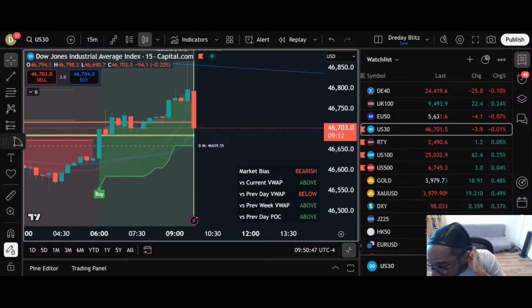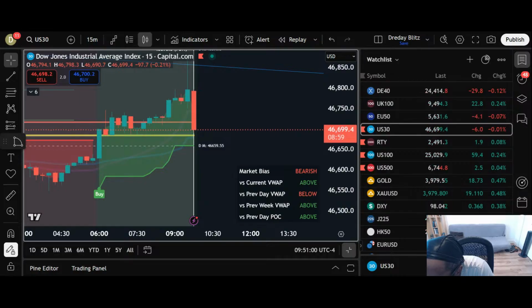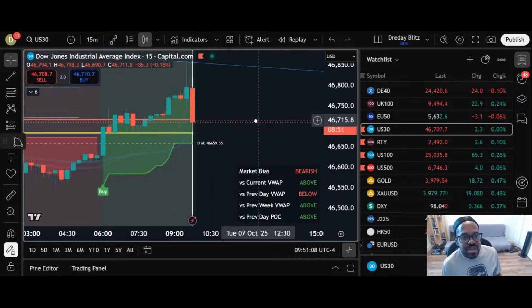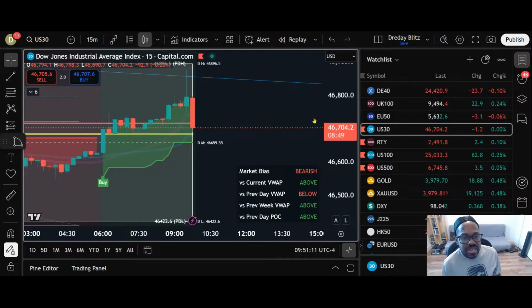All right, so you said US30 4 hour candle in the bullish close, buy setup after pullback into the level. 4 hour. But like I said, as you could see, it was breaking down to the downside here.